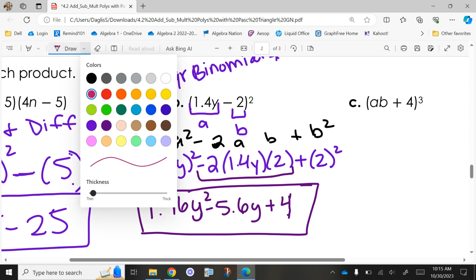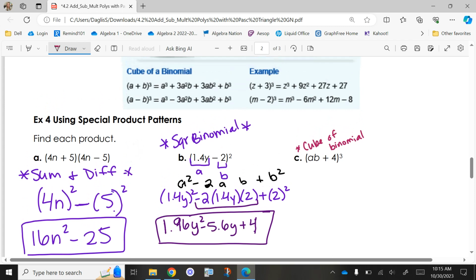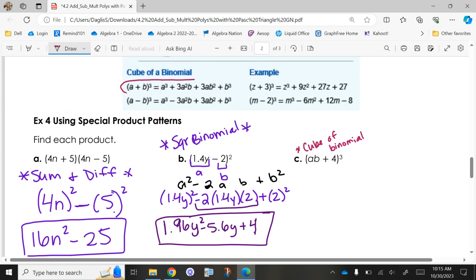All right, and our last one, ab plus 4 to the power of 3. This is a cube of a binomial. It's a plus, so we're going to use this pattern right here. My a value is what? Technically a is ab, and my b is 4.